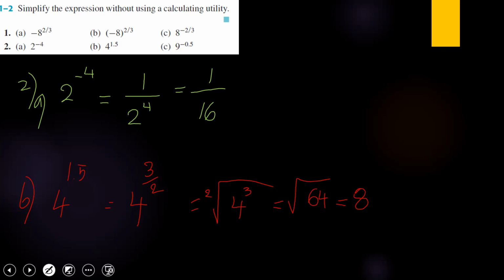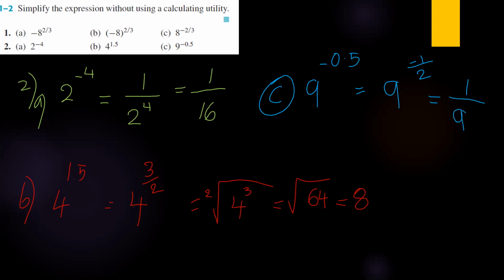Now let's solve C. 9 to the power negative half, or negative 0.5. Now negative 0.5, how can I rewrite it as a fraction? 9 to the power negative 1 over 2. Bravo. Then 1 over 9 to the power half, since the inverse of negative half is positive half.